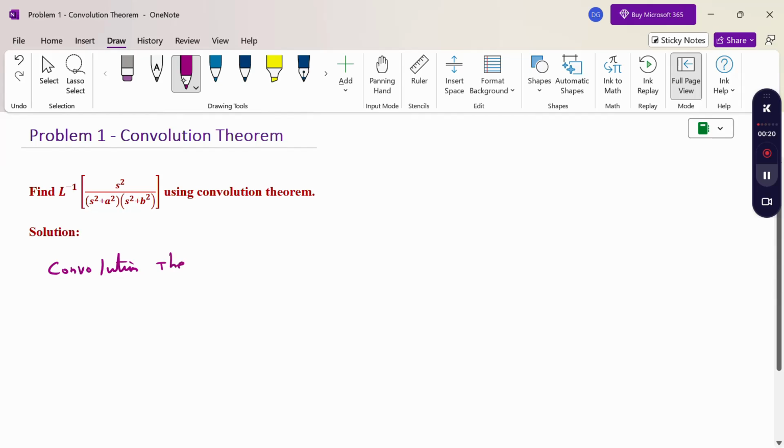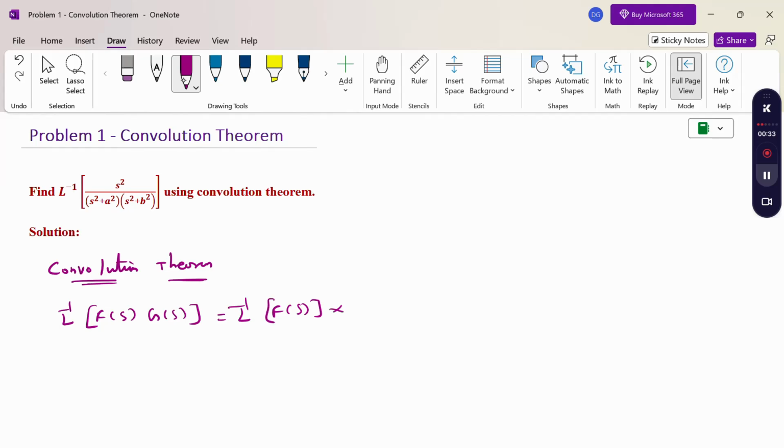Convolution theorem: L inverse of f of s and g of s, then we should write the form of L inverse of f of s star L inverse of g of s. For this function it's coming with f of t star g of t. Now how to solve this f of t star g of t?